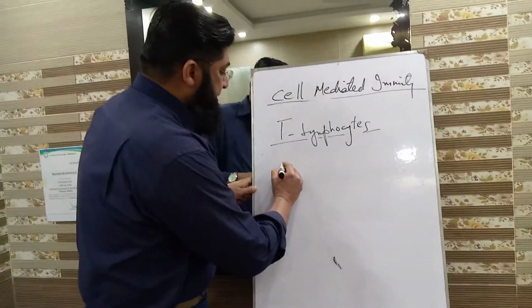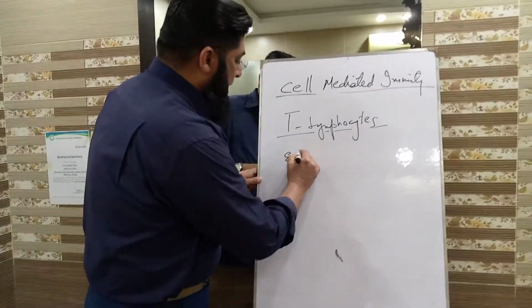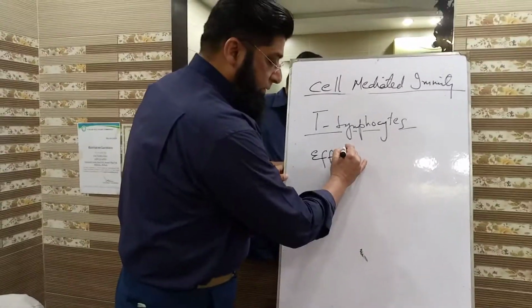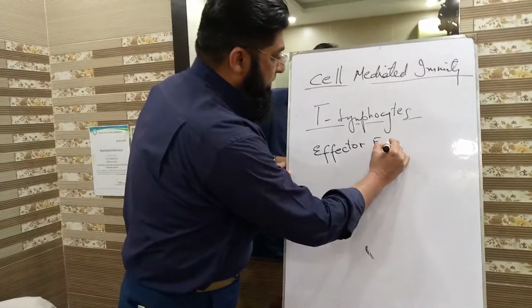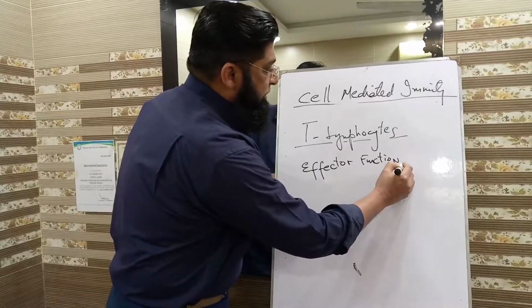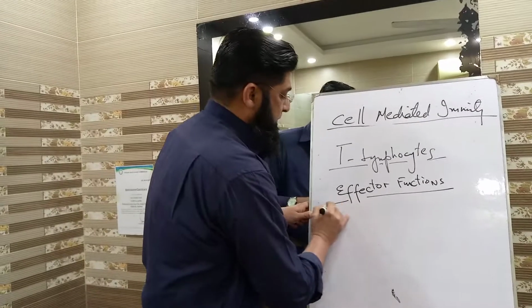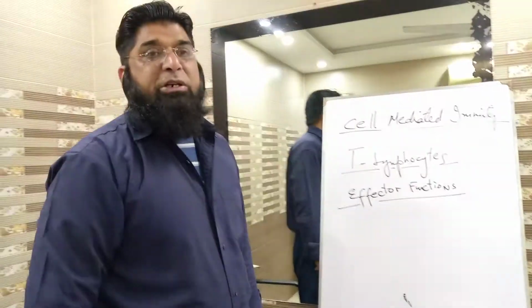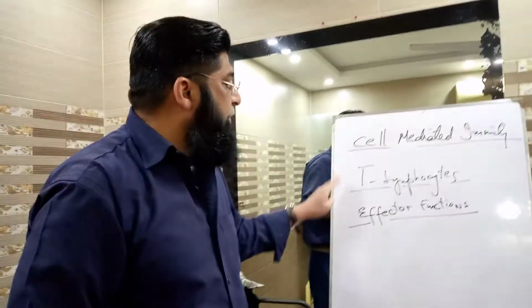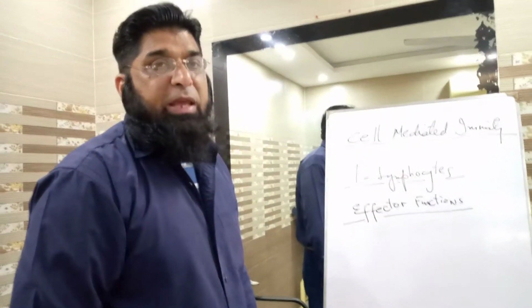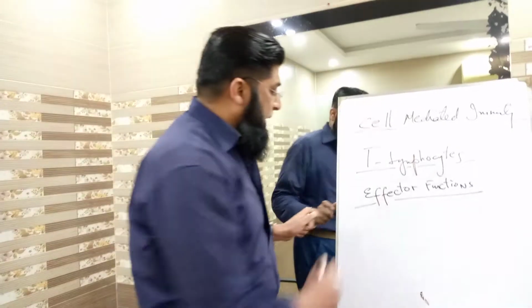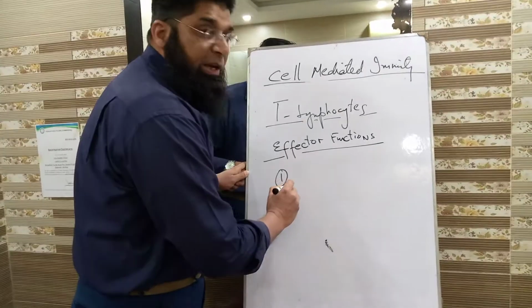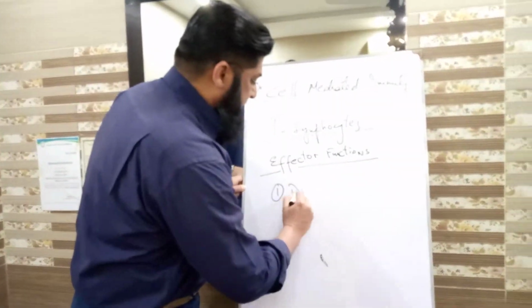Number one, effector functions. Students, effector functions of T lymphocytes are in the form of two functions. Number one, delayed hypersensitivity.